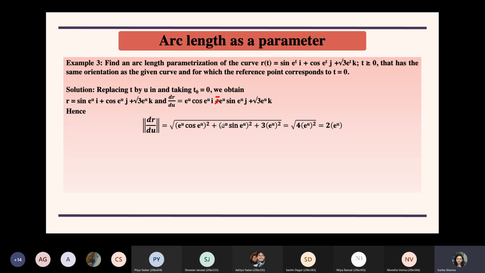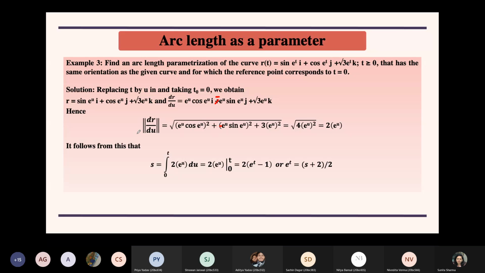If you want, you can just put a minus sign here, but that is not going to change the answer. So you have 4e^(2u), whatever you want, you can use that. And so it is 2e^u. And so s is equal to 2e^t minus 2. Okay. So anyone has any doubts till here?